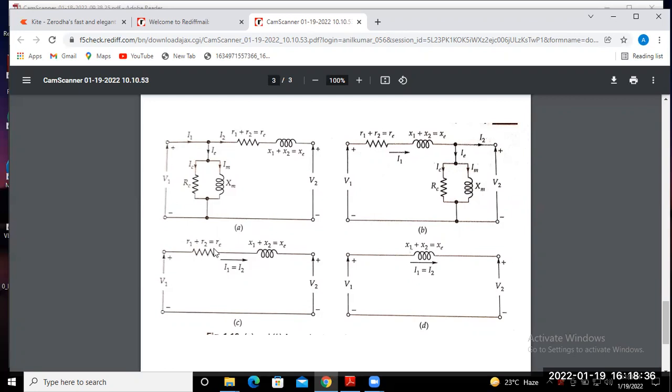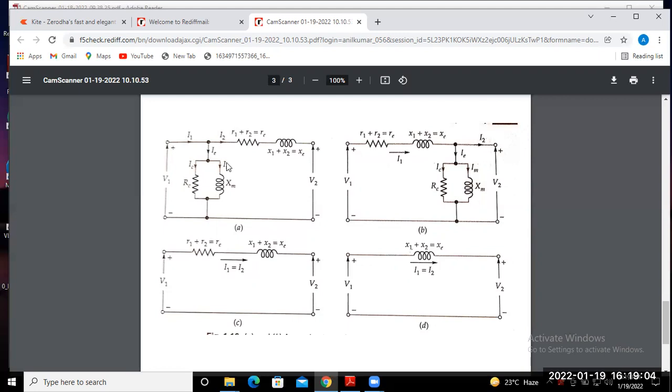The only remaining part is R equivalent and X equivalent. After this simplification of the circuit, the exciting branch is neglected since the no load current is very small compared to the rated current.